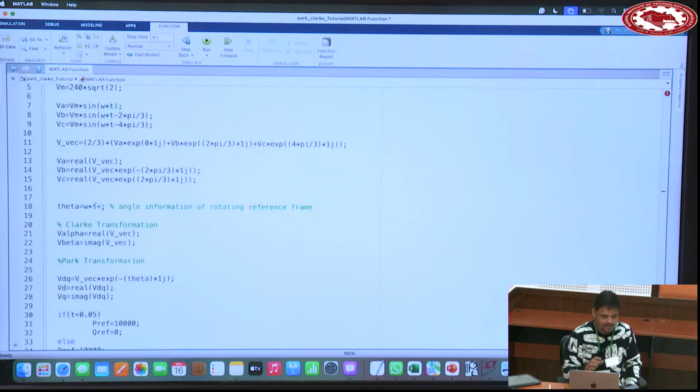But I told you that this decoupling is only possible when you are making one component 0. Suppose this is pi by 4. You have aligned your reference frame at 45 degrees. Vd is going to be there, Vq is going to be there. Then decoupling is not at all possible.